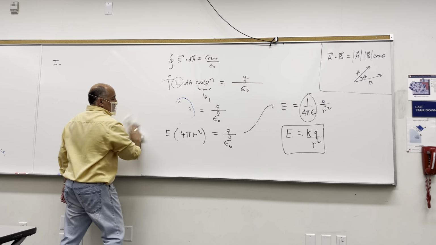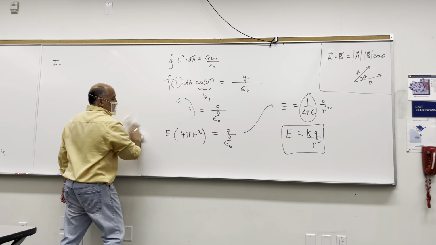So let's do the inside first. Here is the conducting sphere. The radius is A. It's a solid. This is not a ring. It's a sphere. Suppose I want to know the electric field right there at a distance r from the center.